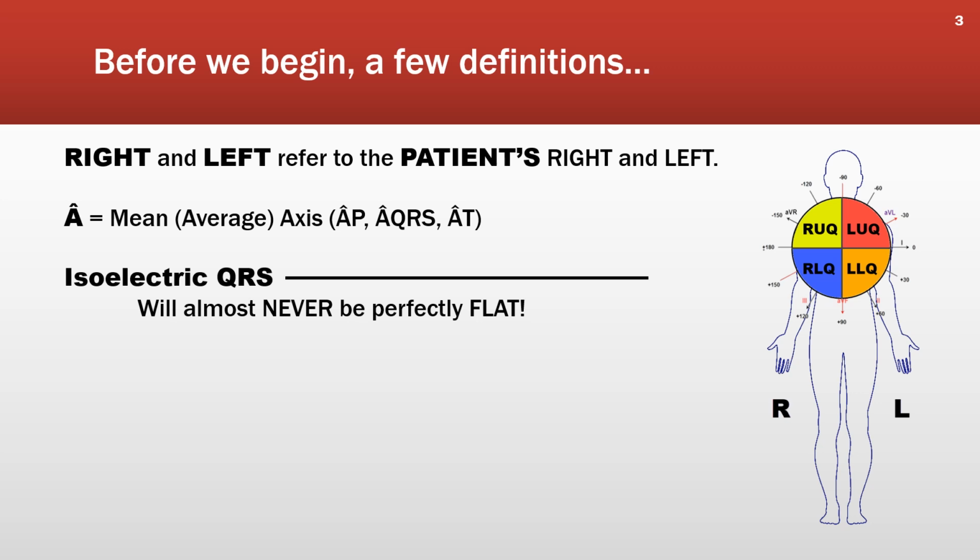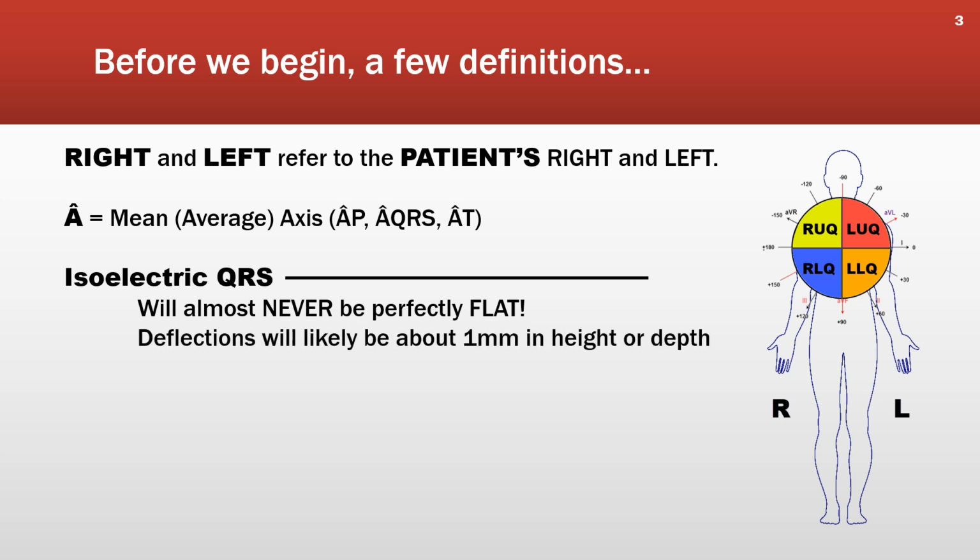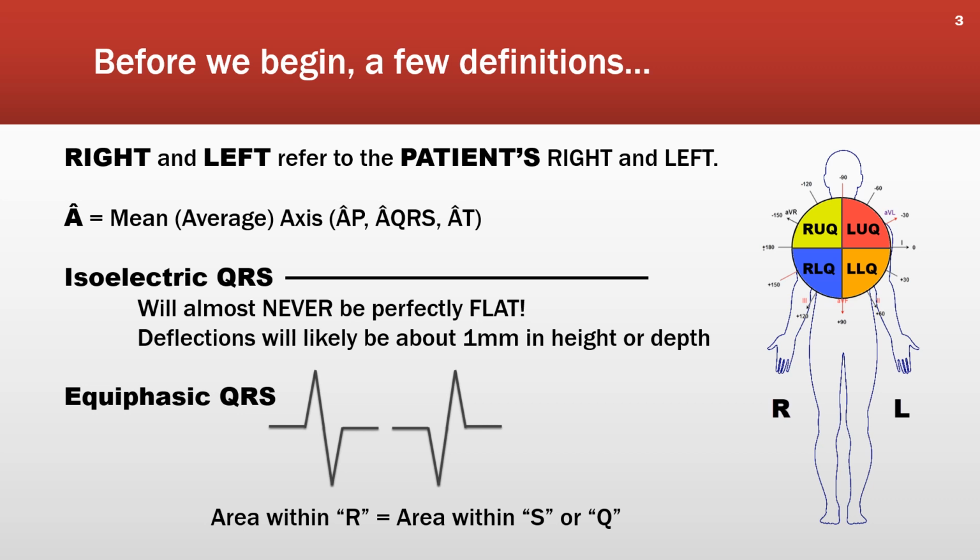You will usually see some deflections in this baseline. The deflections will likely be about 1 millimeter in height or depth. Now, an equiphasic QRS means that the area within the R wave equals the area within the S wave or Q wave.